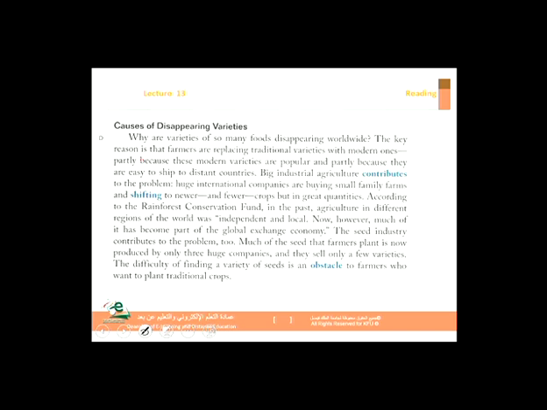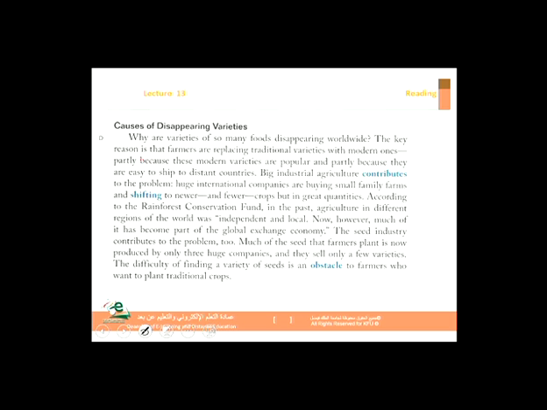Now let's move to causes of disappearing varieties. Why are varieties of so many foods disappearing worldwide? The key reason is that farmers are replacing traditional varieties with modern ones, partly because these modern varieties are popular and partly because they are easy to ship to distant countries. Big industrial agriculture contributes to the problem.